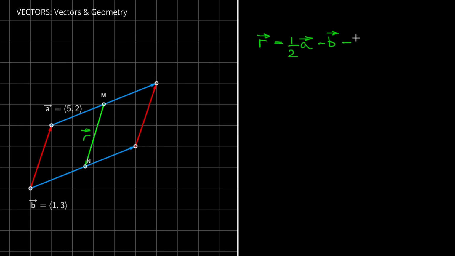So we take away a half of vector A. Well, hopefully you can see this term and this term cancel each other out. And what are we left with? Well, we're left with just negative vector B, which if you look at the diagram is correct. Vector B is defined as a long one up 3. Well, what are we doing here? We're going back 1, down 3. So we've created another vector B, but in the reverse direction.